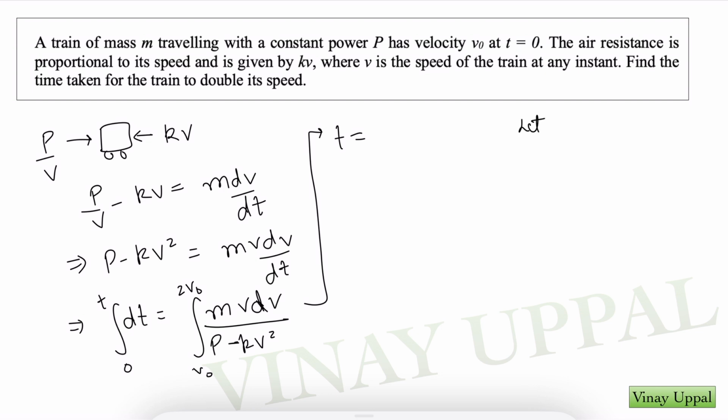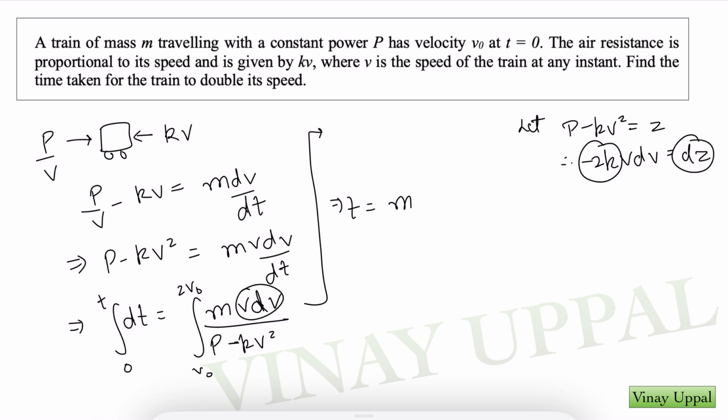So let me just write let P - kV² be some z. So -2kV dV would be dz, and therefore in my integral V dV I can write it as -dz/2k. So let me just do it here. Let me take m outside and I'm going to substitute V dV as dz/(-2k).